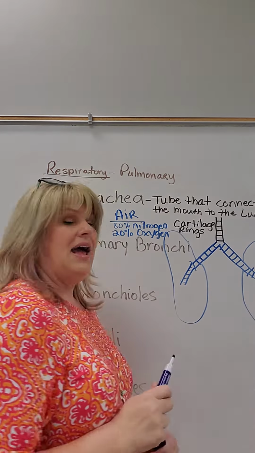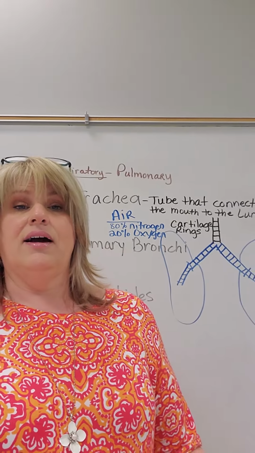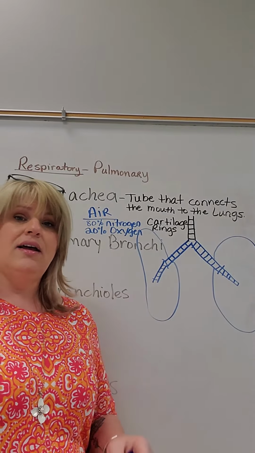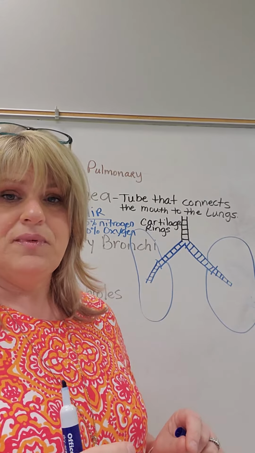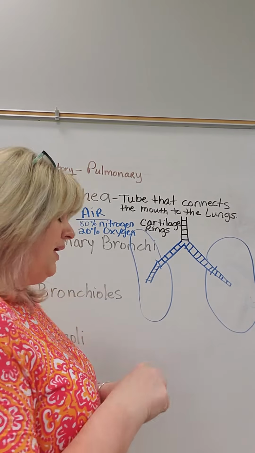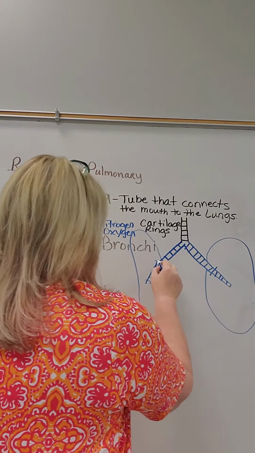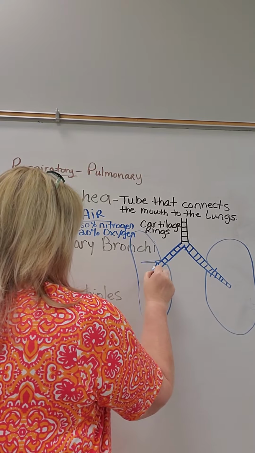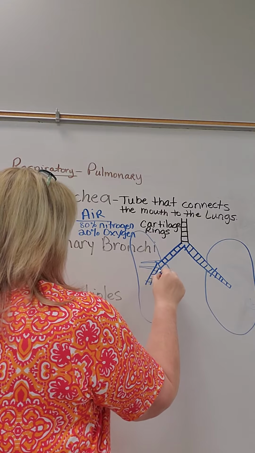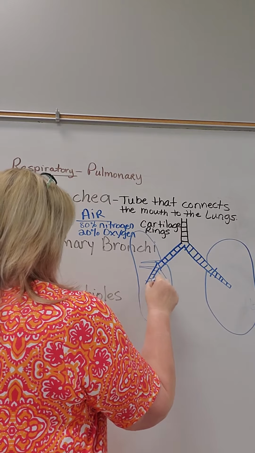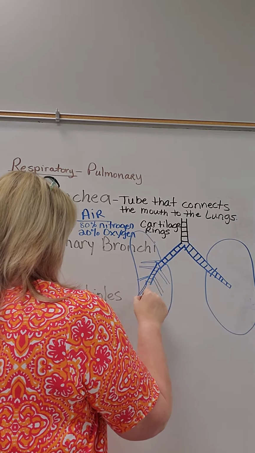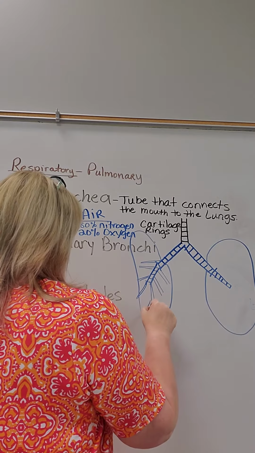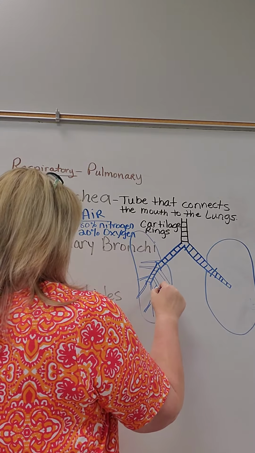As these bronchi come down into the lungs, they get smaller, smaller, smaller. These branches that look like trees will come off the main bronchi, and they just keep branching and branching.